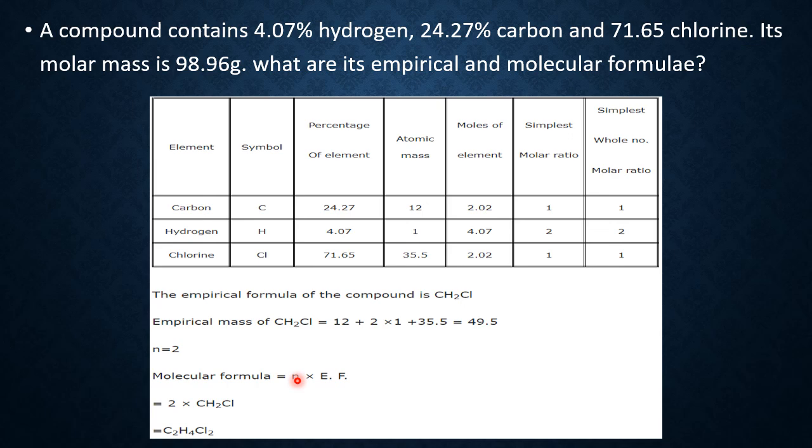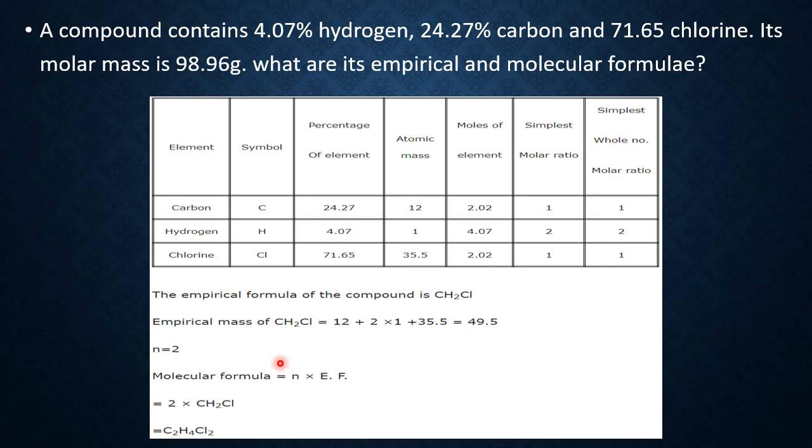So what is the molecular mass here? It is given in the question itself, 98.96. So n equals 98.96 divided by the empirical mass, which you have already calculated as 49.5. So n equals 98.96 by 49.5. That gives you approximately 2.